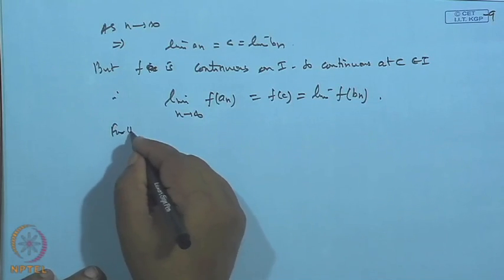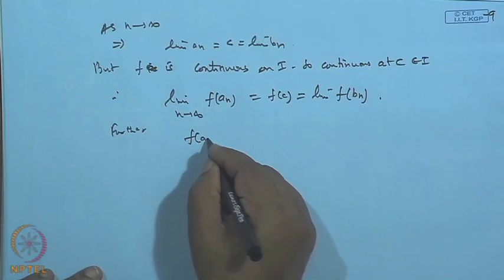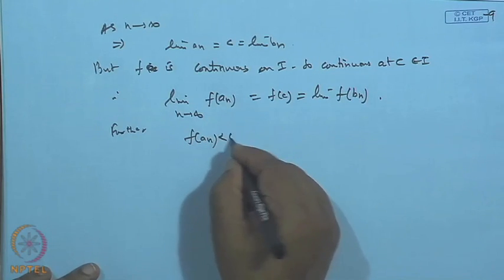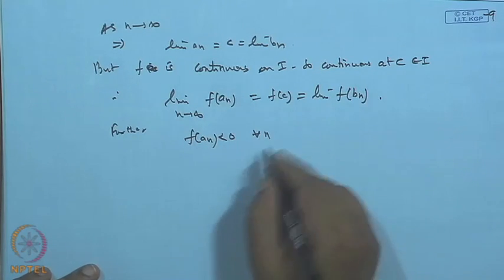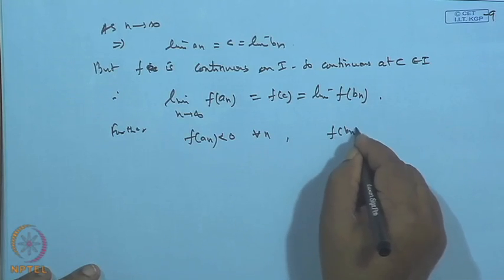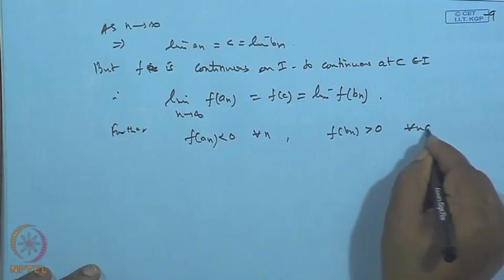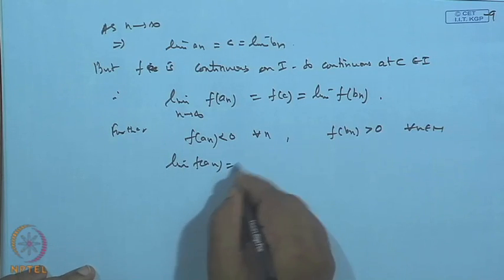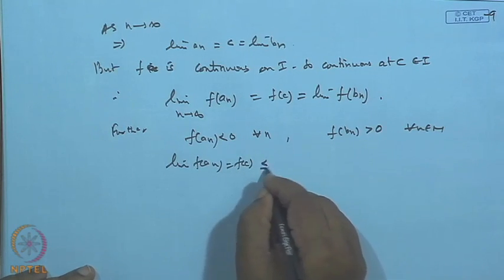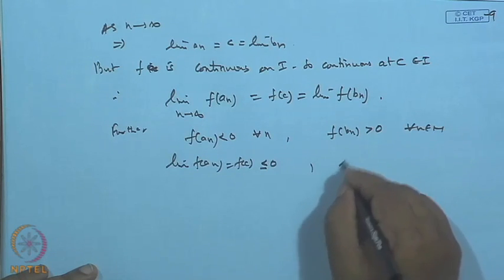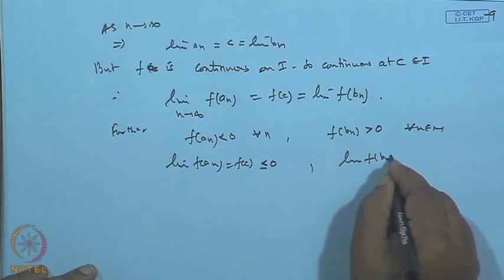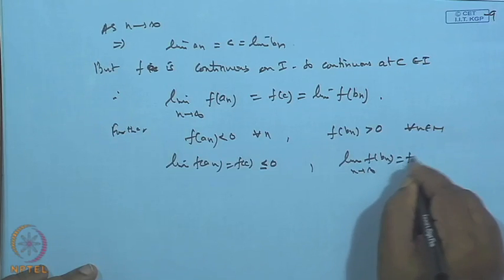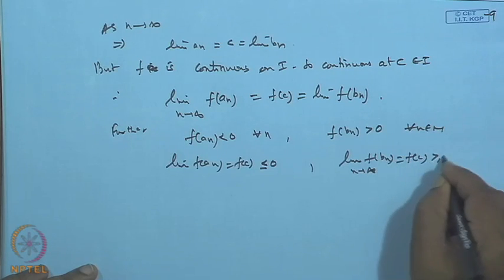Further, f of a n is always negative for each n, and f of b n will always be positive for each n. So the limit of f of a n, which is equal to f of c, will be less than or equal to 0, and the limit of f of b n when n tends to infinity, which is also f of c, will be greater than or equal to 0.